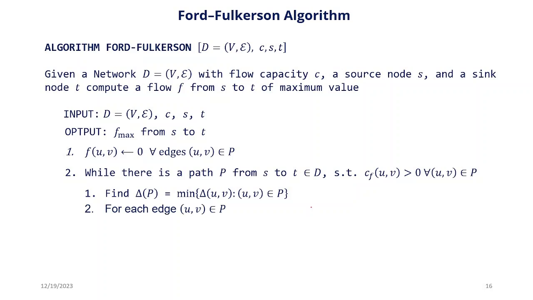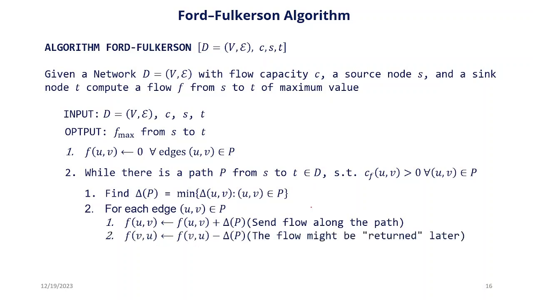And for each edge UV in the flow augmenting path, we are going to send the flow along the path. So what we do is take the residual, the minimum that we calculated before, and add it to all the forward going edges in the path. Subtract it from all the backward going edges in the path. When we have done that completely and all the edges are saturated, you can end the algorithm.